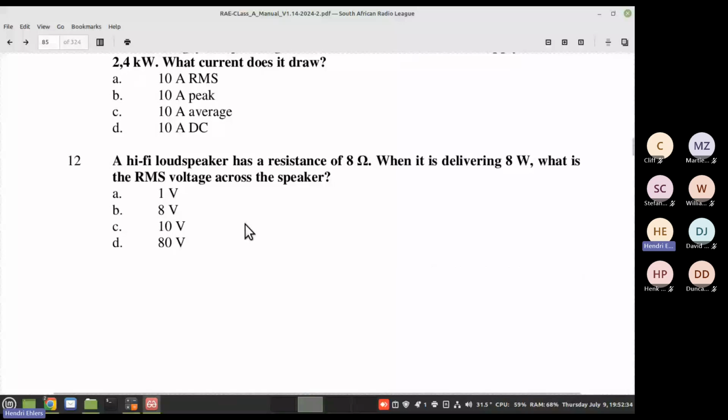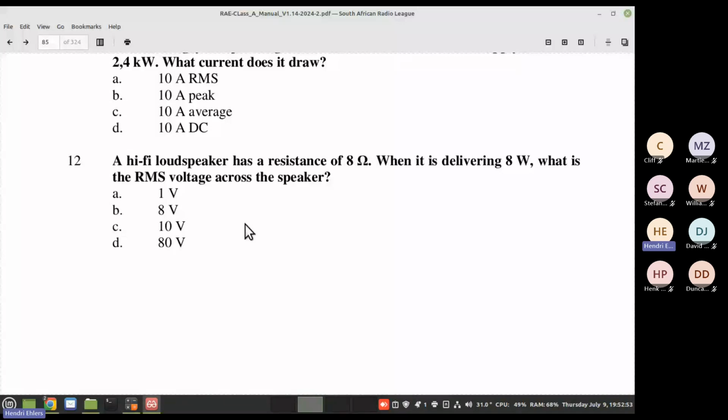Right, a hi-fi loudspeaker has a resistance of 8 ohm. When it is delivering 8 watt, what is the RMS voltage across the speaker?